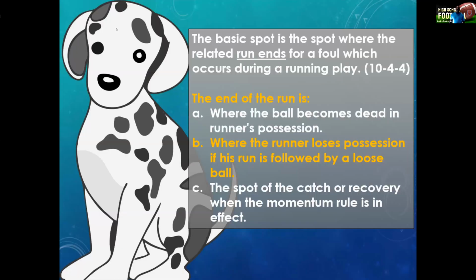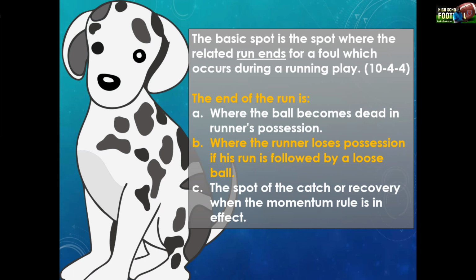And the spot of the catch or recovery when the momentum rule is in effect. So in other words, B intercepts the ball within 5 yards, and momentum takes him into the end zone. We do drop a beanbag on that interception only because his momentum took him into the end zone, and that way where we recovered the ball is the basic spot, not the goal line.